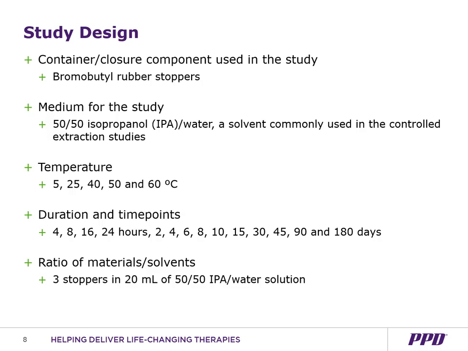The temperatures chosen were 5, 25, 40, 50, and 60 Celsius. The duration and time points chosen are listed out on the slide, but range from 4 hours to 180 days. Lastly, we used 20 mL of IPA water solvent as an exposure with 3 stoppers for each sample.